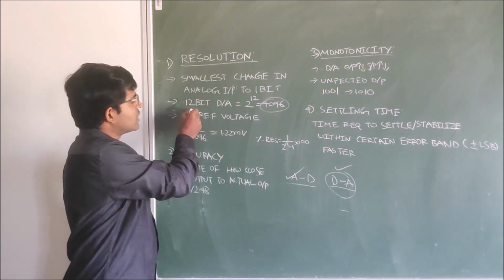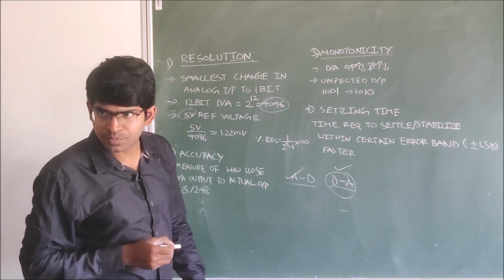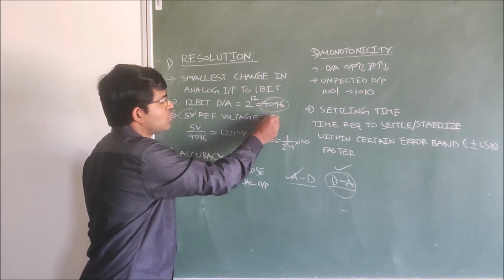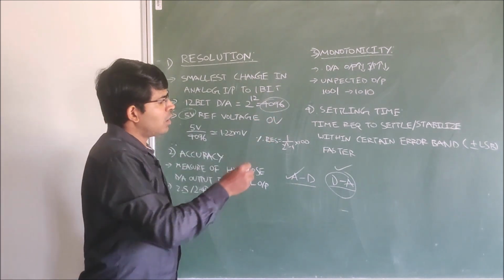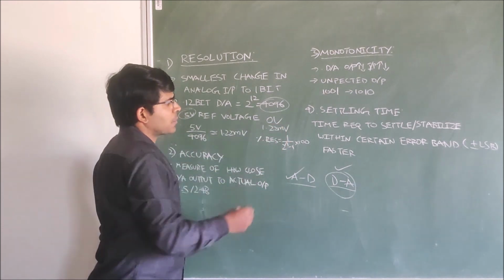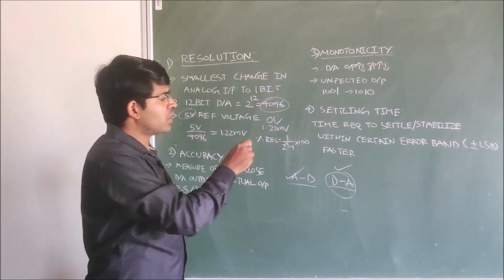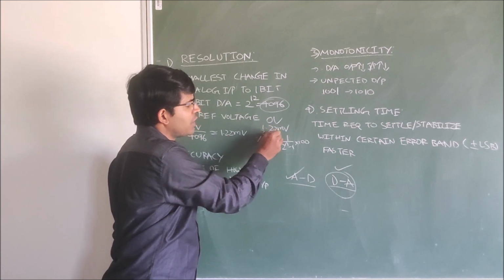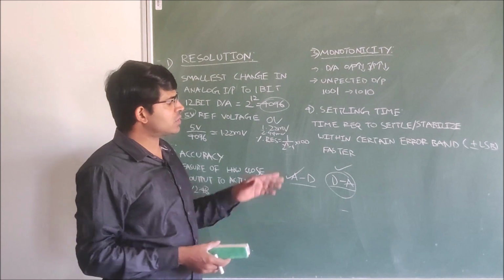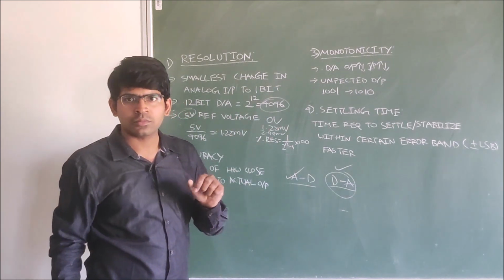The highest voltage we have considered is 5 volts. The least voltage we have considered is 0 volts. Now the next voltage is 1.22 millivolts. The next voltage is 2.44 millivolts. The next one is 3.66 millivolts.